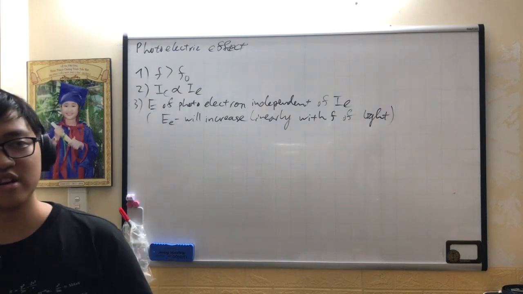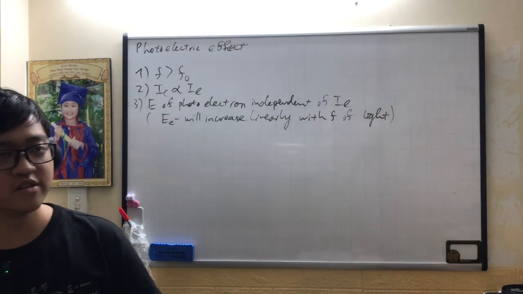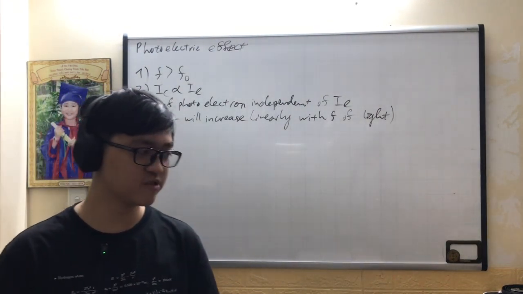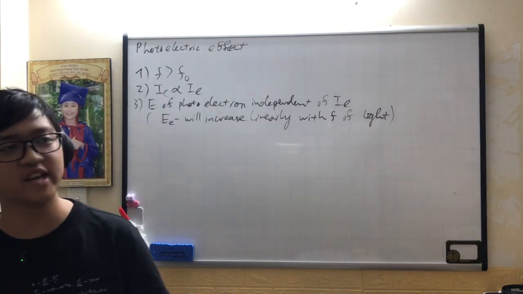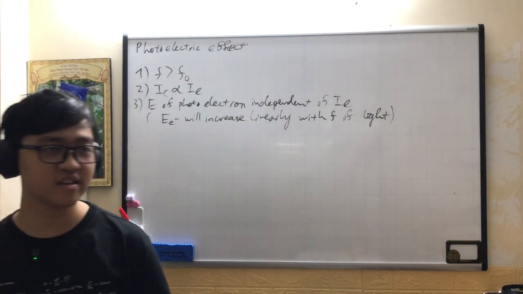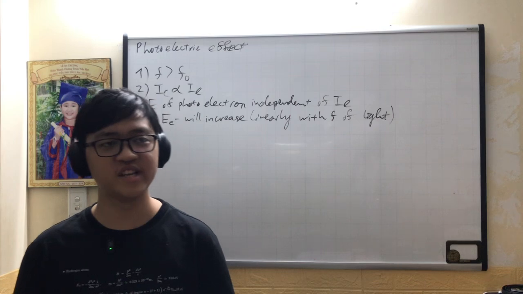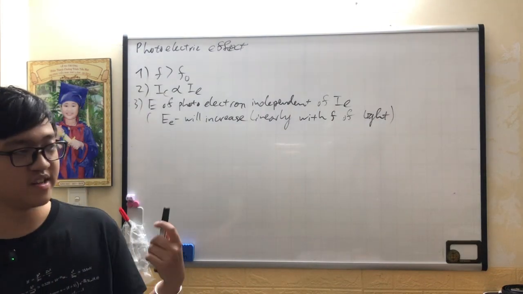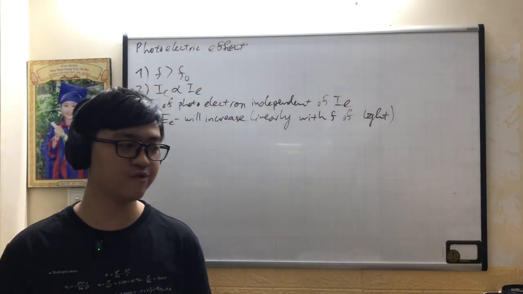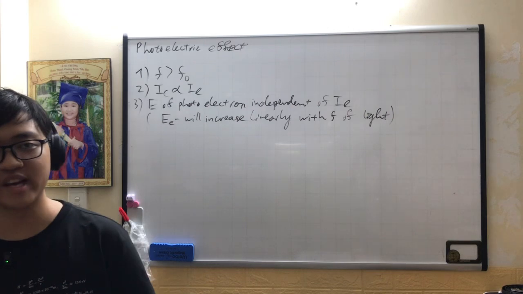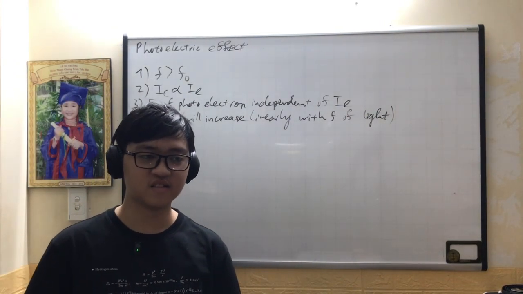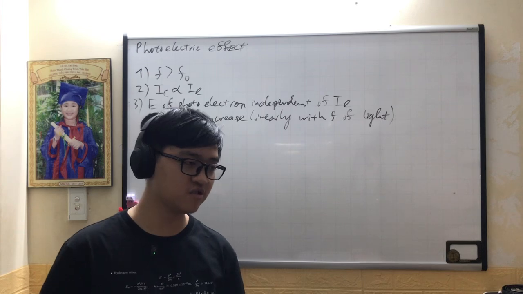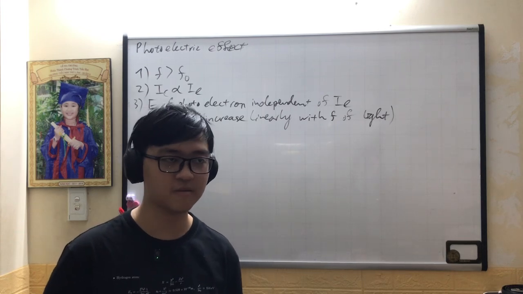We're going to talk a little bit about history here. The photoelectric effect was first discovered in 1887 by Heinrich Hertz. He accidentally did this by shining UV light onto metal electrodes and found that they require less voltage to produce a spark.